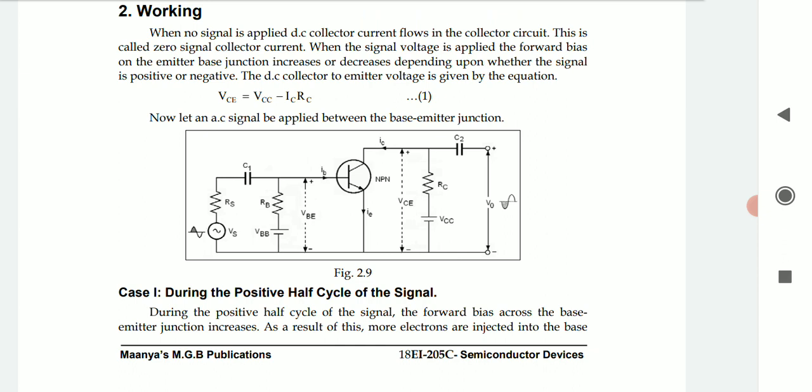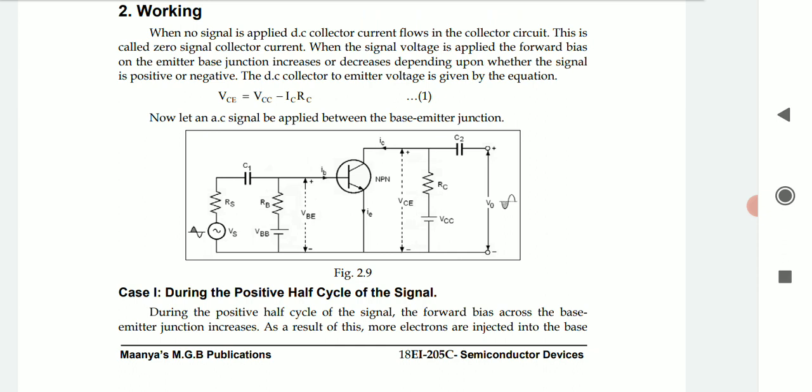When the collector current increases, the drop ICRC increases. Hence, VCE decreases. So, when you apply the positive half cycle, you get a negative value at the output side. VCE will be negative because VCE is equal to VCC minus ICRC. Since ICRC is more, VCE must be a negative value when the positive half cycle is applied.